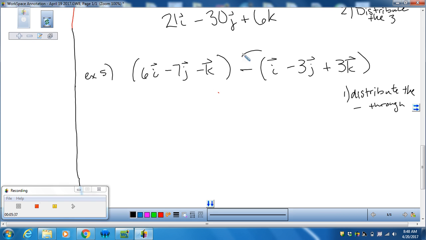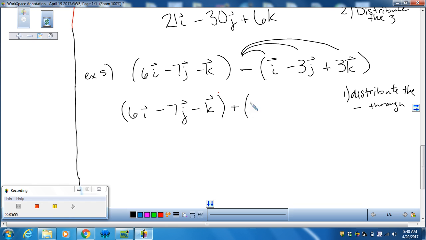So I'm going to distribute here, copying that first vector just as it is, 6i minus 7j minus k, and then I'm going to change that minus sign to a plus sign, and then my positive i is going to become a negative i, minus 3j is going to become a plus 3j, and then plus 3k is going to become minus 3k.